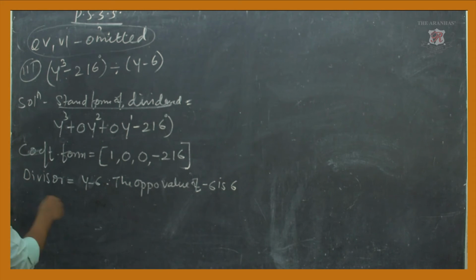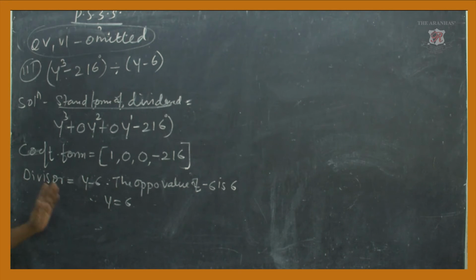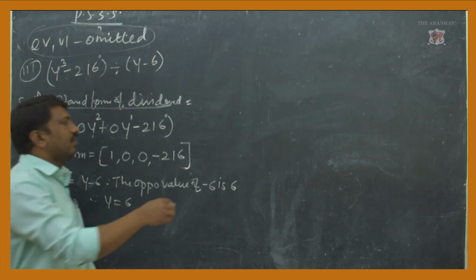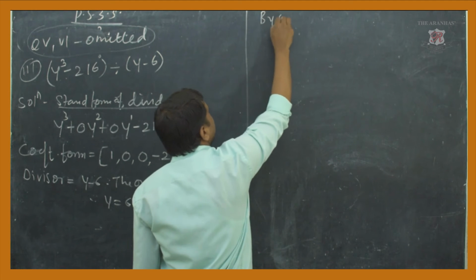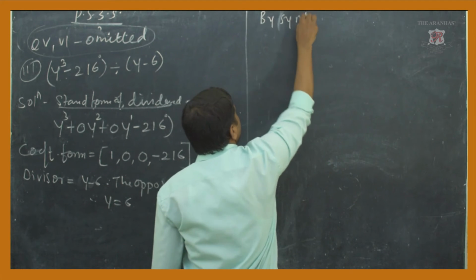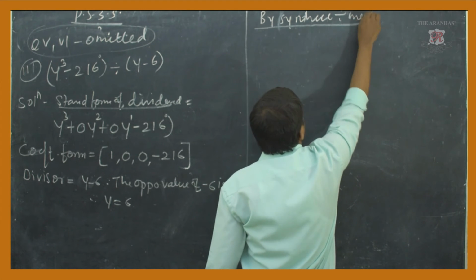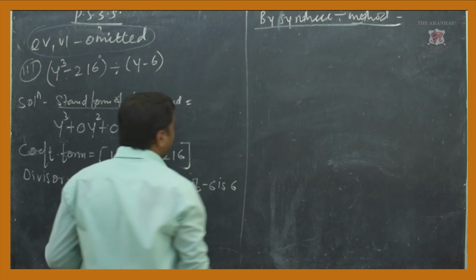So here we get y is equal to plus 6, which is your divisor, and now we will start to divide. By the synthetic division method we are going to divide this.